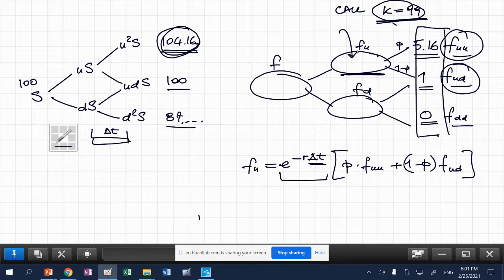When you are here in this node that we have seen, FU is going to be the value of the option if you keep it alive for another period. But the alternative is early exercise. So you compare the value of the option kept alive another period with the value of early exercise in that node. And then you take whatever is greater.